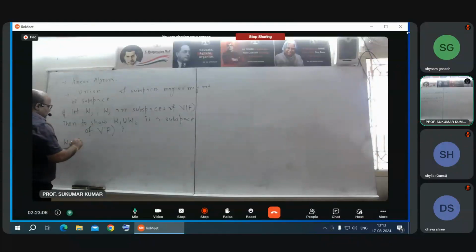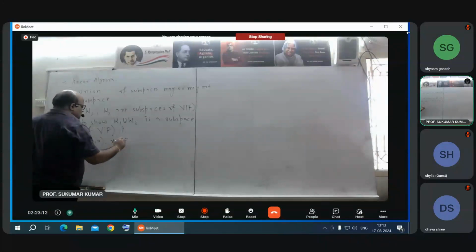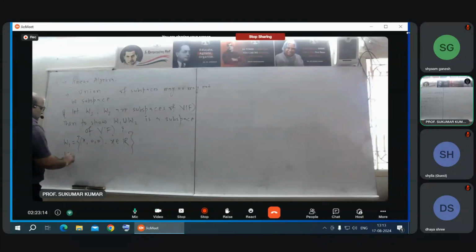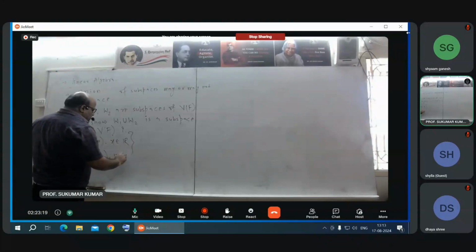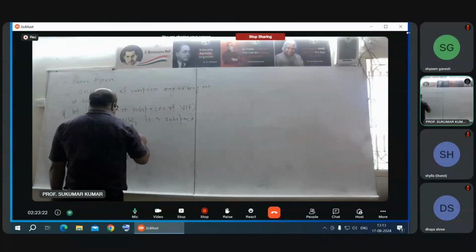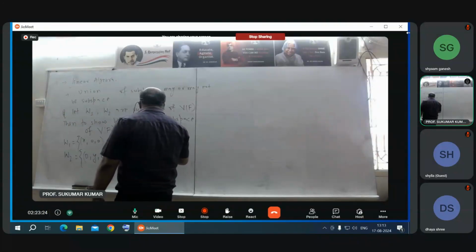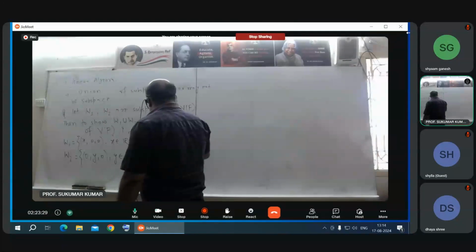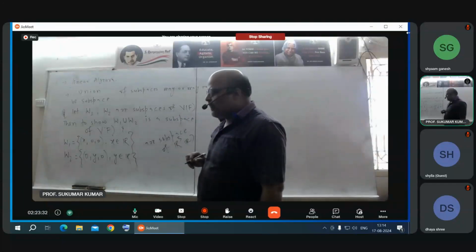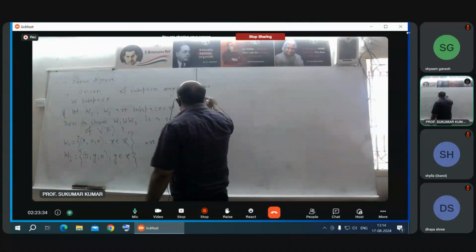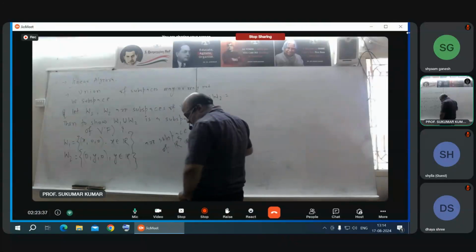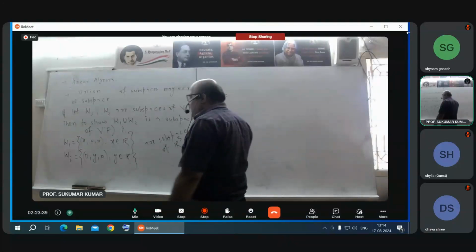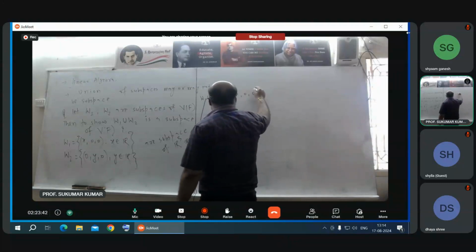W1 choose x 0 0, W2 0 comma 0. Sorry, 0 y 0. Both are subspaces of R3 over the field R. So their union W1 union W2, union means just a collection we can write.